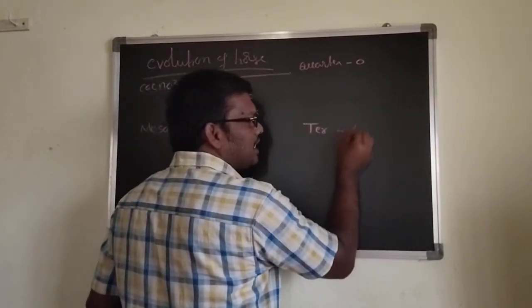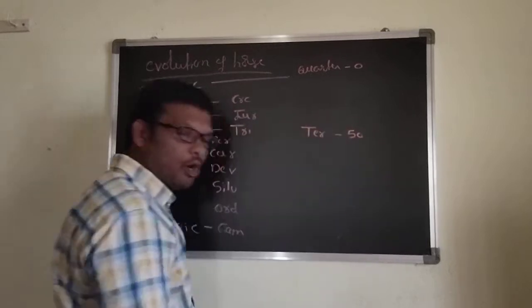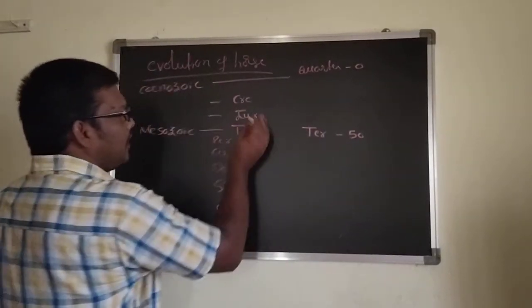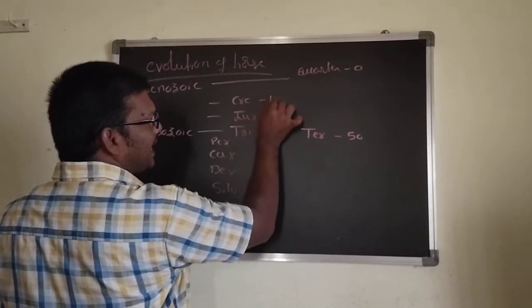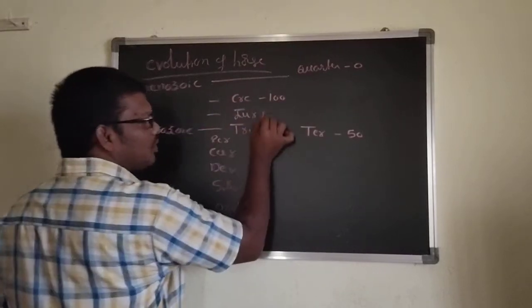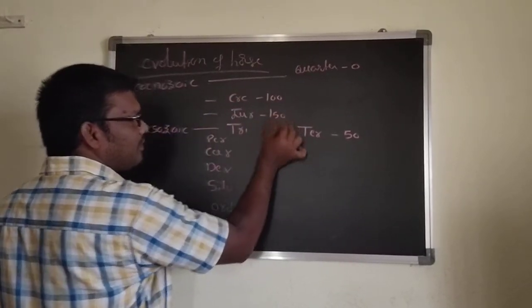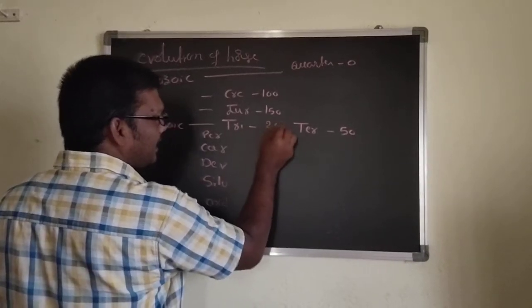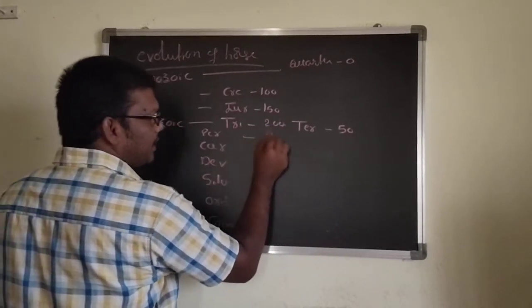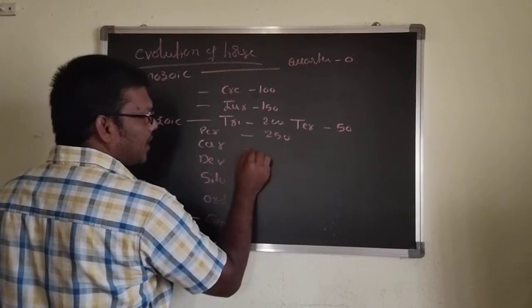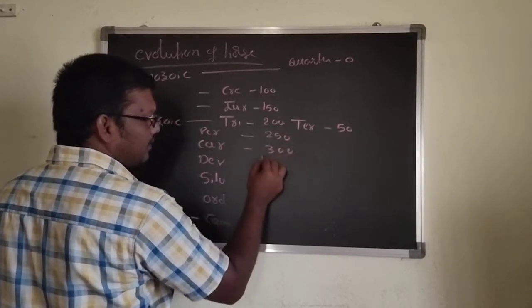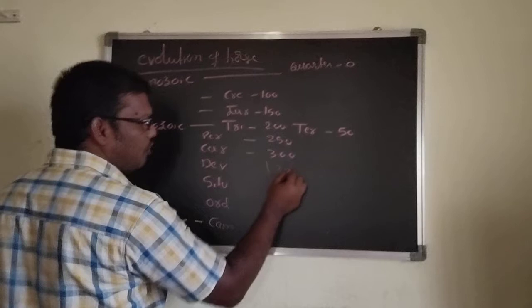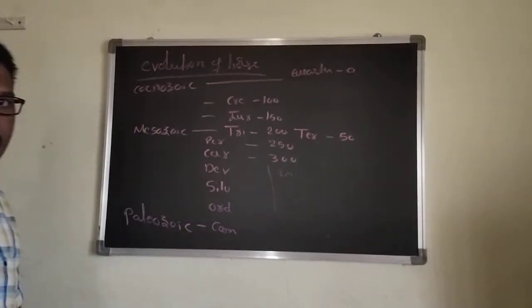Tertiary period is 50 million years ago, then Cretaceous period 100 million, Jurassic 150, Triassic period 200, Permian period 250, Carboniferous period 300, remaining 350, 400, like this it goes on.